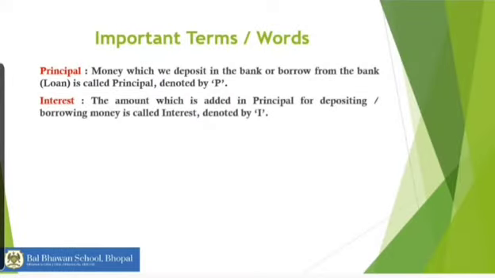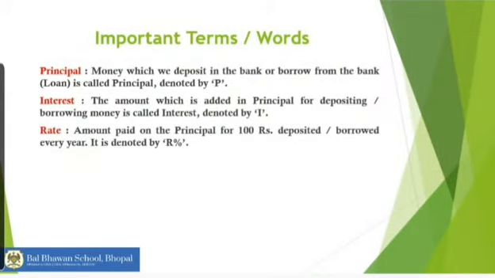Next, we will talk about the rate. Now, what is rate? The amount paid on the principal for every 100 rupees deposited or borrowed every year is denoted by rate percent, or R percent.